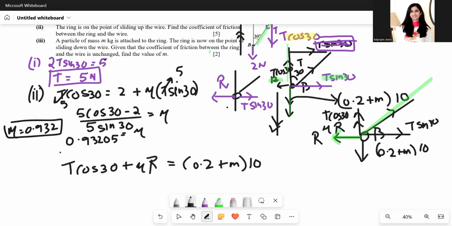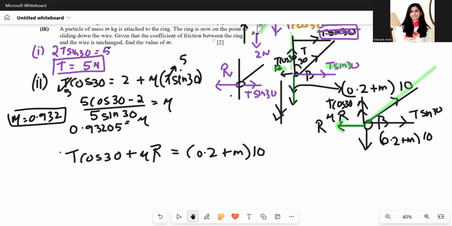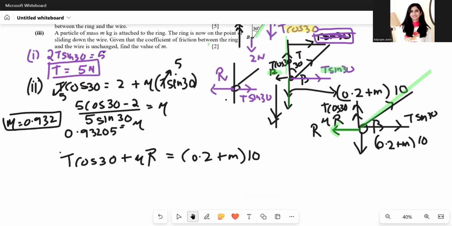Now friction would be equal to mu R, and I believe we have both these values now.